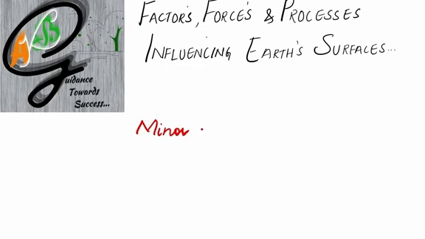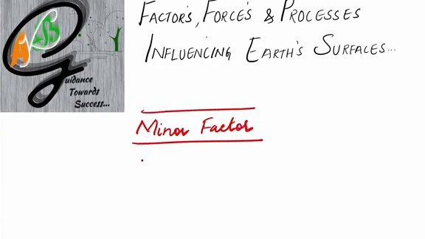This lecture may take long, but you should patiently watch this video to get your doubts clarified. So what are the minor factors? The first minor factor is density. We know that Earth is classified into a number of layers and each layer has different density, which helps in the formation of the slopes and reliefs on the Earth's surface.